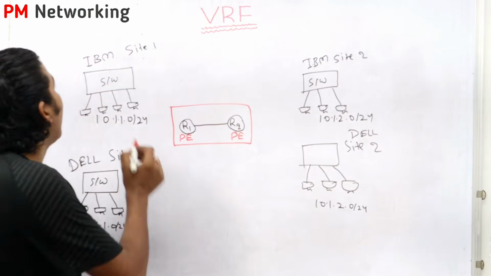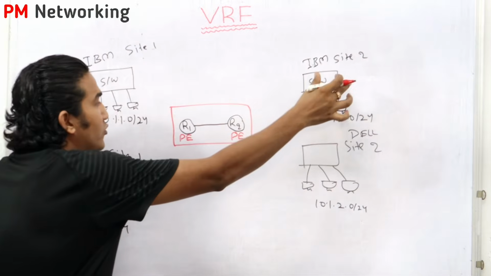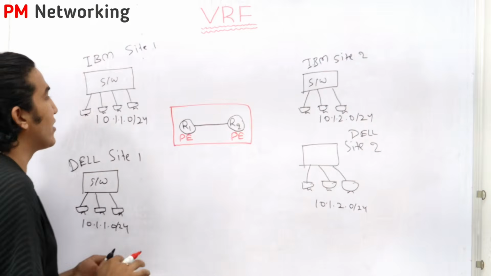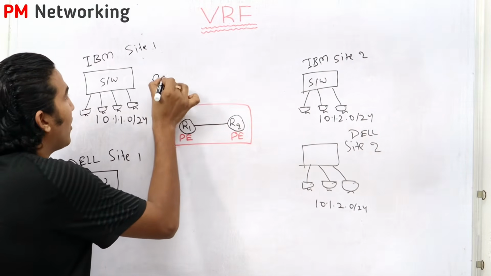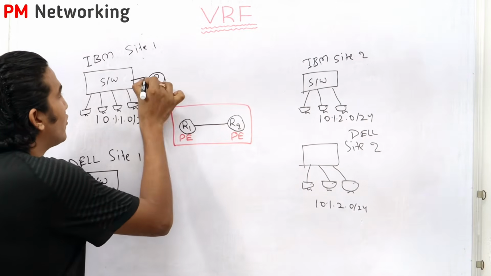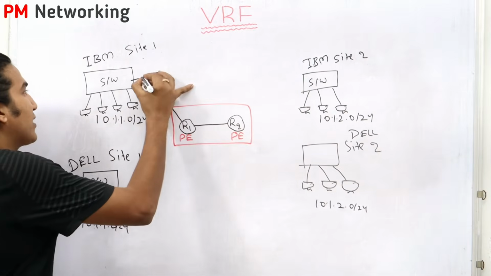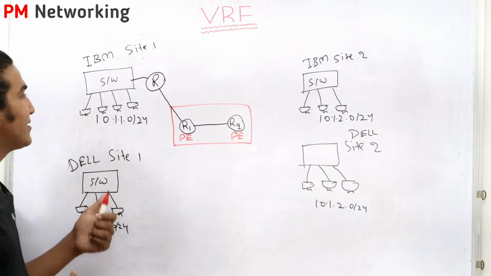Okay, now IBM needs to connect both branches, side 1 and side 2, together through the service provider. So IBM also needs one router. Let's say this is the router of IBM, and through the router they have connected their network like this. Okay, and Dell also needs to connect.